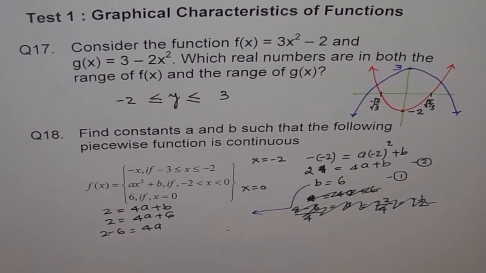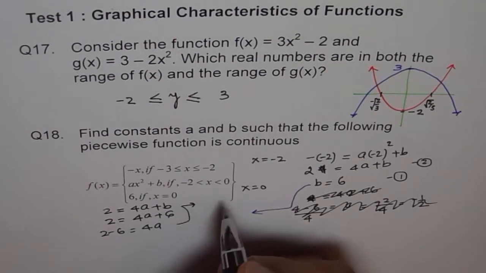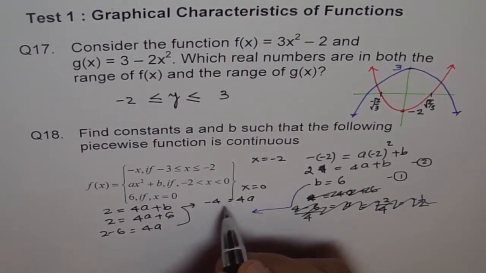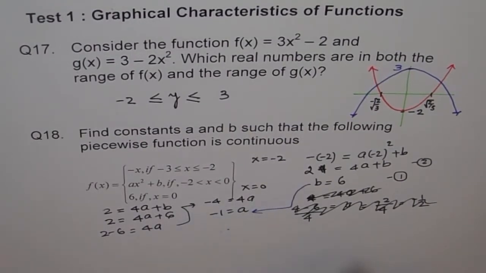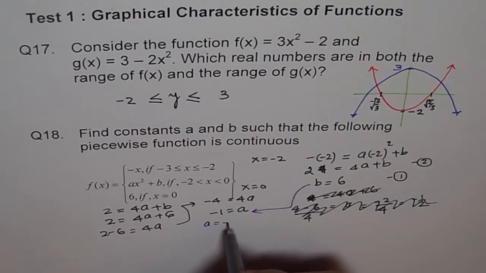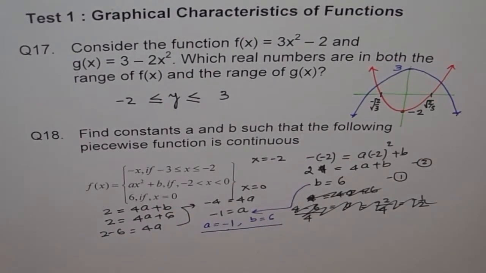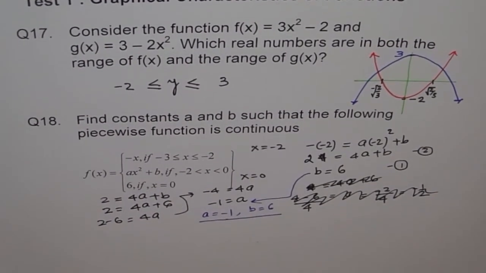Minus 4. So minus 4 equals 4a. When we divide by 4, we get minus 1 equals a, correct? Therefore, we get our answer as a equals minus 1 and b equals 6, okay? That's our solution. Have a close look at it. Sorry for this mess. Good, we found the mistake. Okay, have a good look at this, and then we'll move forward to the next set of questions.